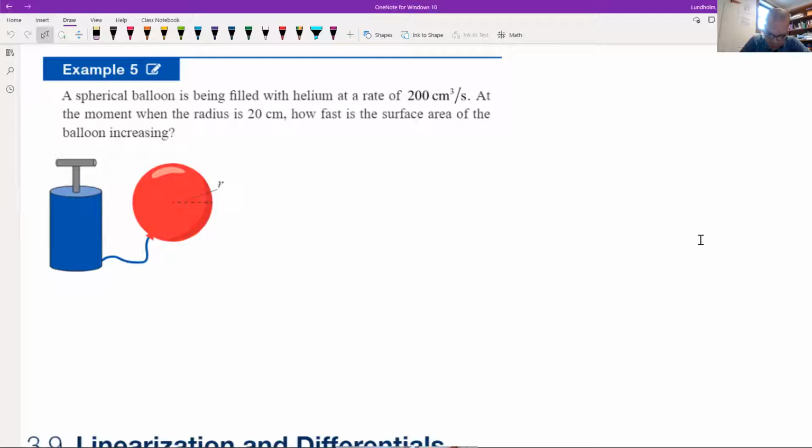Okay, so we have a dV dt. We've got a rate of change of volume. We have a radius. Okay, that one's kind of boring. And we're being asked how fast the surface area is increasing. I would probably label that as dA dt for area. Aha. All right. We've got a sphere. That's nice.